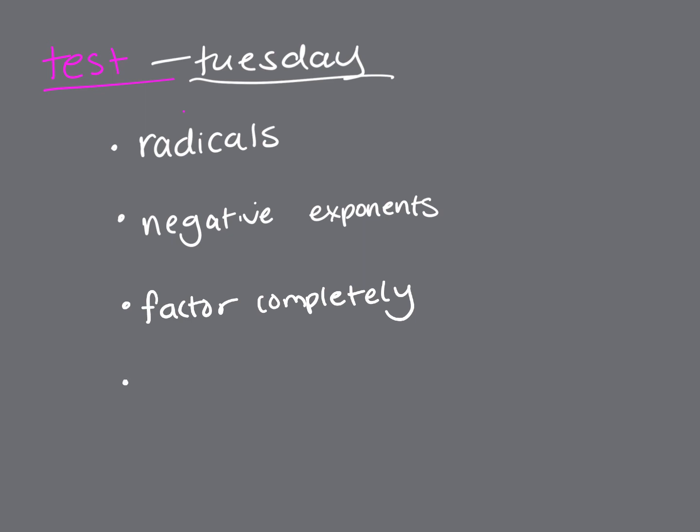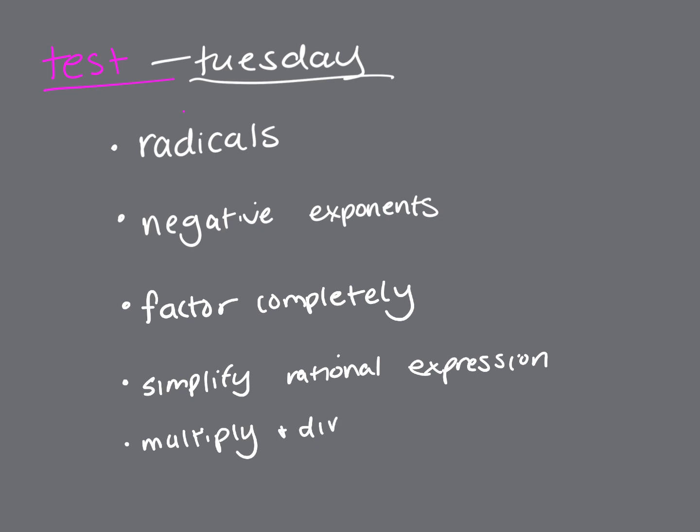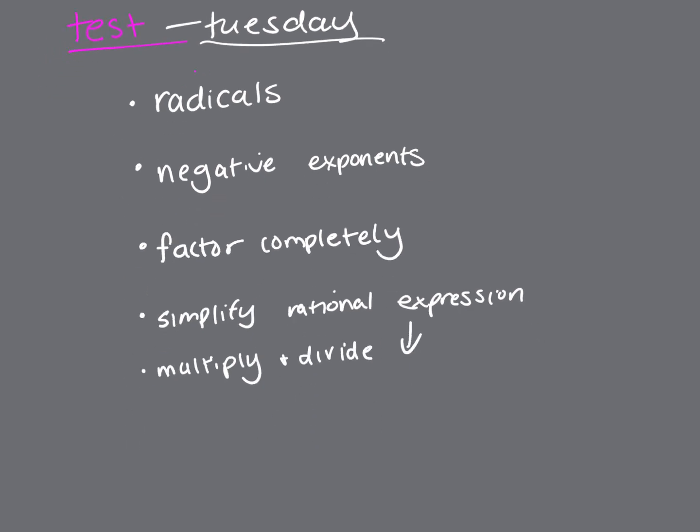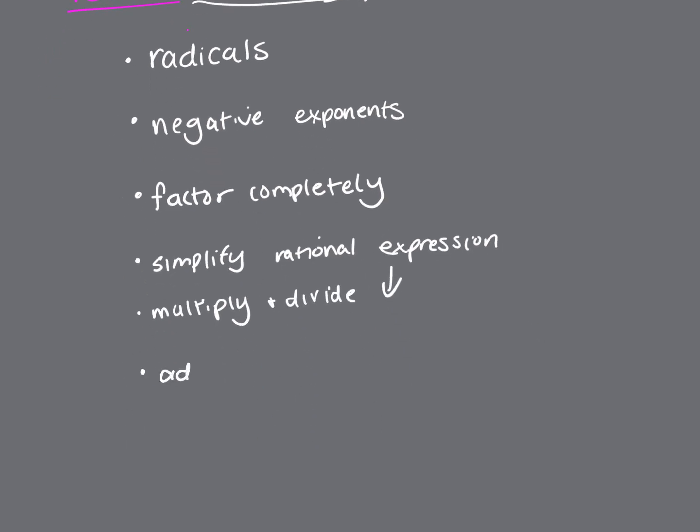Then we're going to simplify rational expressions, which basically just means factor and simplify fractions. We're going to multiply and divide rational expressions, and you're going to add and subtract rational expressions.